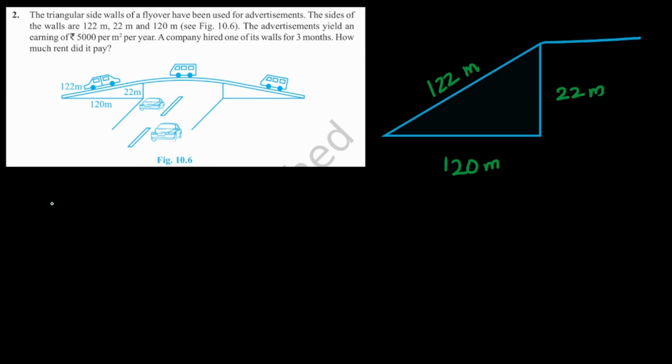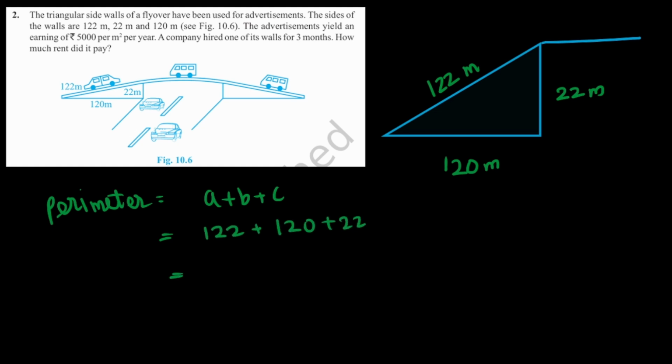First let us find the perimeter. So we have perimeter, that is A plus B plus C, right? So we have 122 plus 120 plus 22. That is 144 plus 120, which is 264 meter.